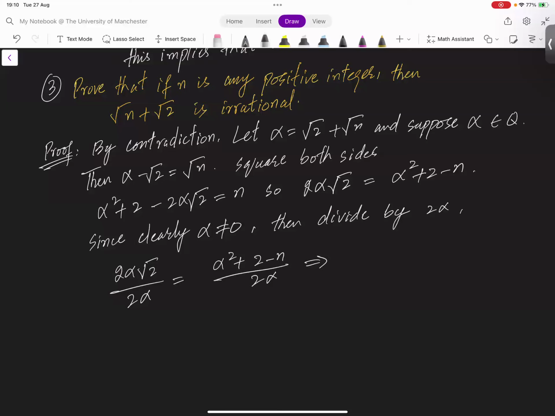We will get under root 2 is alpha square plus 2 minus n divided by 2 alpha.